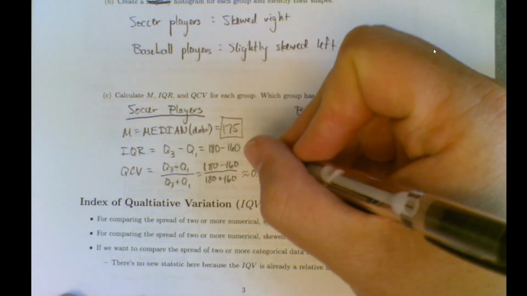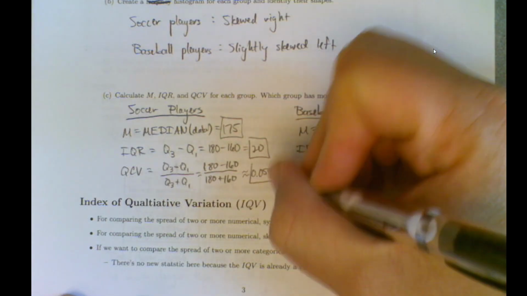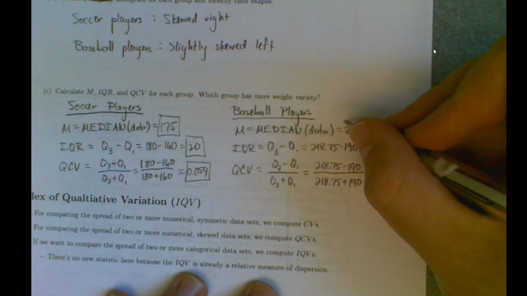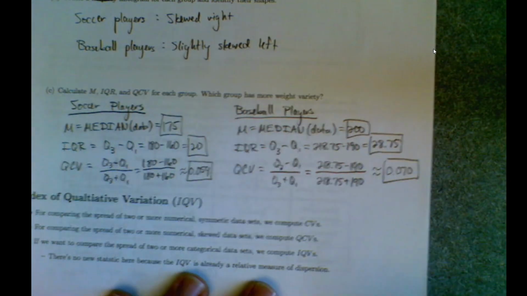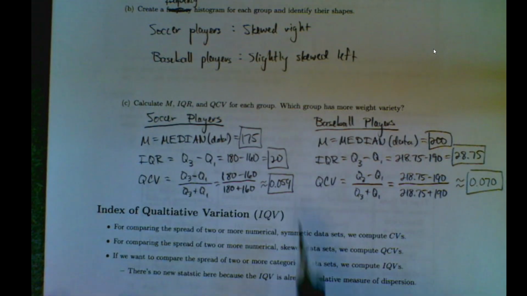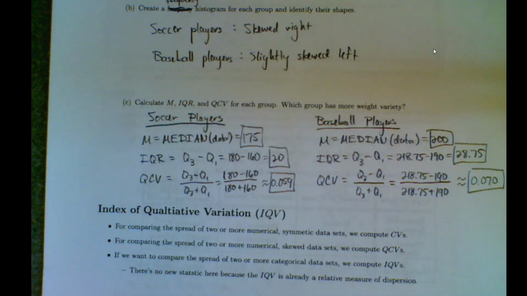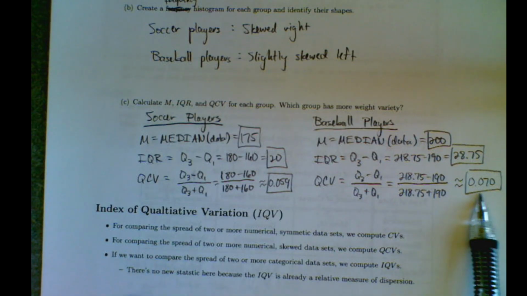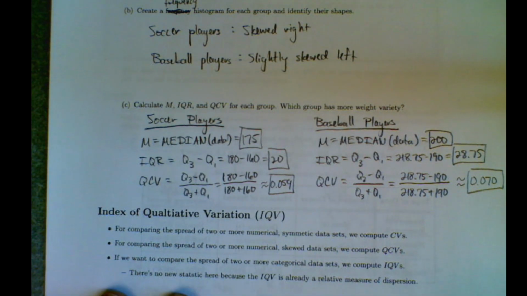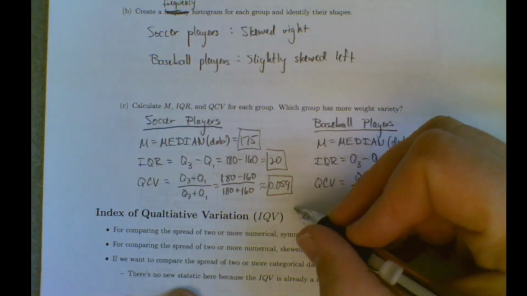Alright, so we got the median, the IQR, and the QCV for each group. Now the question is, which group has more weight variety? The group that has the larger QCV would be the group with more weight variety, and in this case that's baseball players. So let me try to squeeze it in here.